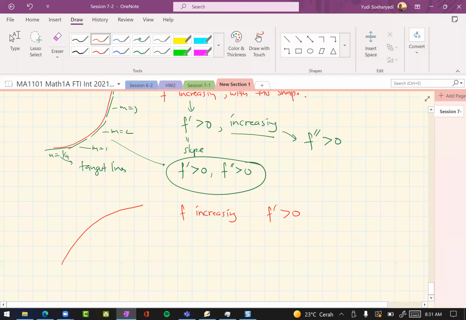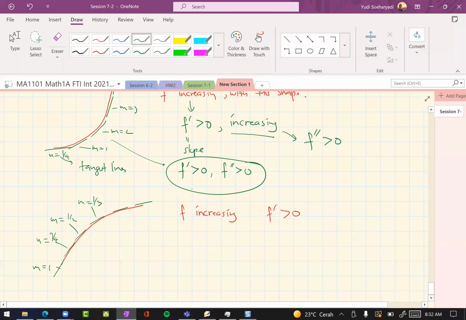So let's do the tangent line thing. Here's tangent, tangent. So if you assign numbers, say this is m equals 1, this is 3/4, this is m equals 1/2, m equals 1/3, m equals 1/4 there.